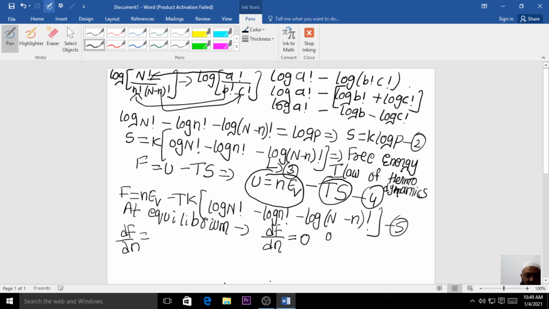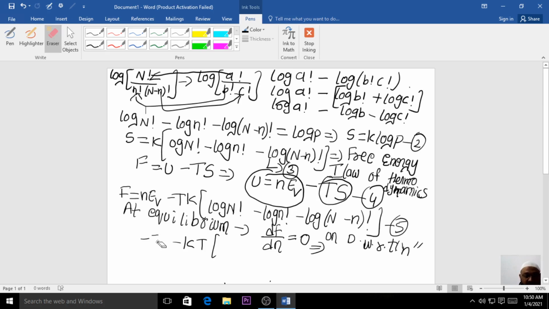So what will we write here? On differentiating with respect to n, dou F by dou n will be EV minus K into T times log n factorial. Before that, which operation do we have to use? We want to remove this n factorial. So how am I going to remove it?